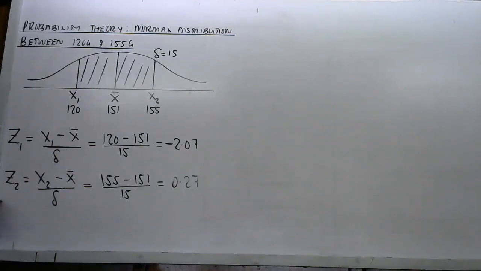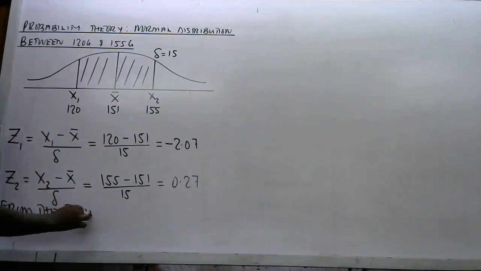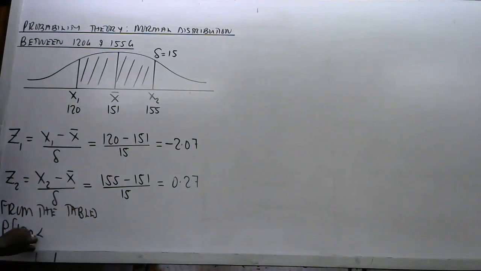Then from there you see from the tables the probability that we are between 120 and 155.